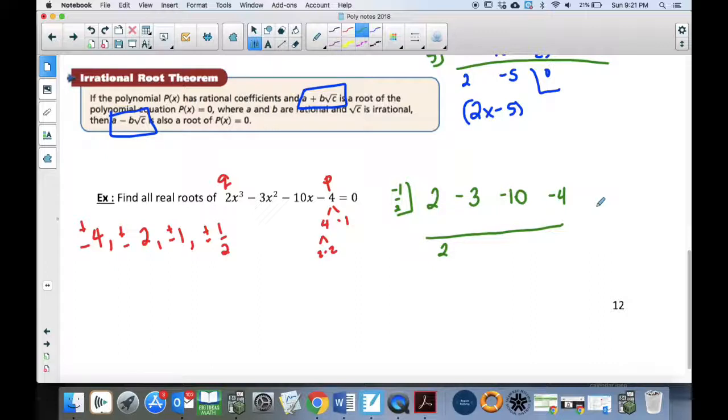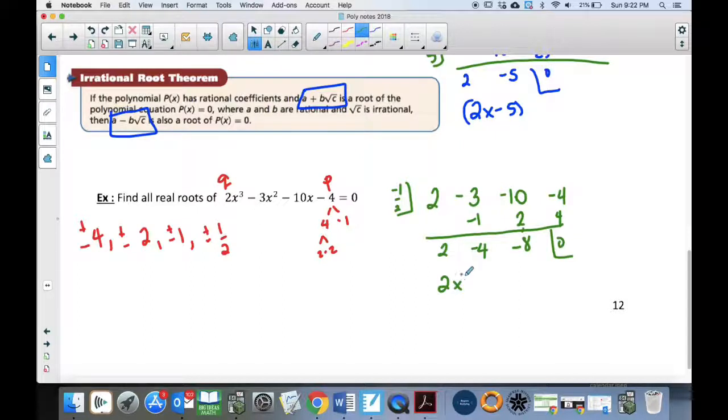So I'm going to set up my synthetic division. I have a negative 1/2 over here in the corner, my 2, negative 3, negative 10, negative 4, and I'm going to start doing my synthetic division. Sure enough, negative 1/2 does go in evenly, so it is a factor. Now what's left, remember this is my constant, this is my linear, this is my squared.